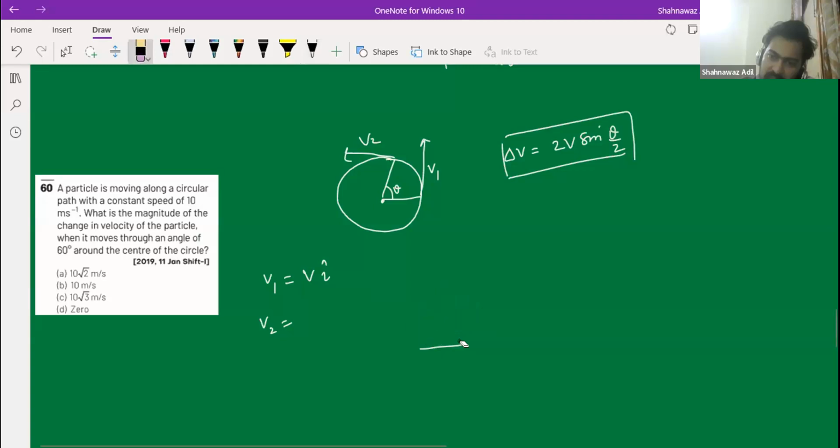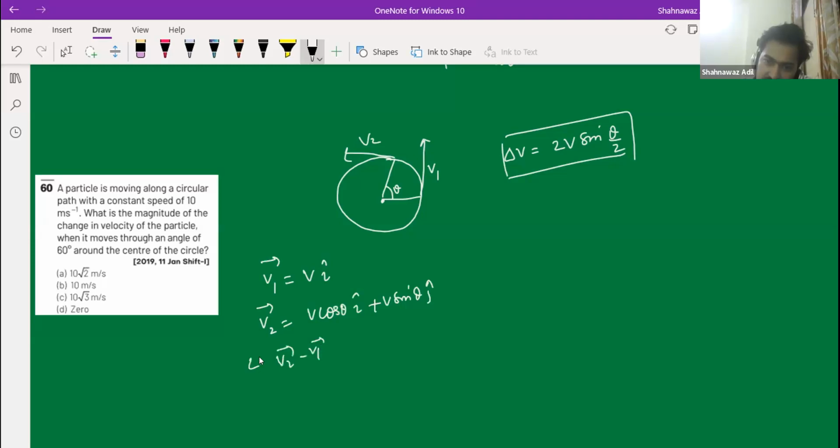So this is V cos theta, and you guys don't have to write this, right? And V sin theta. So change in velocity is V2 minus V1. This is V sine theta j.